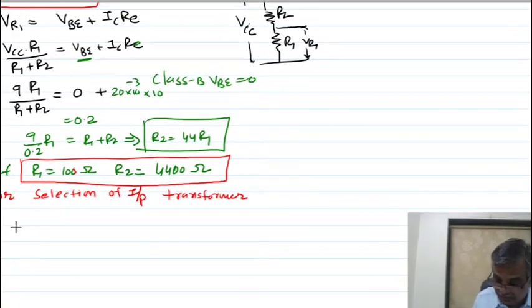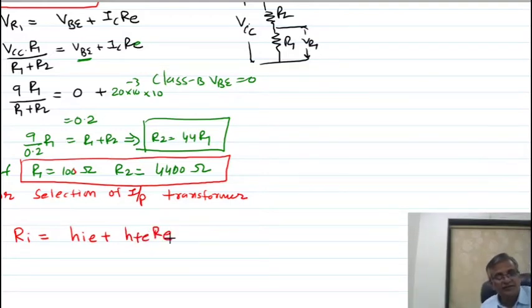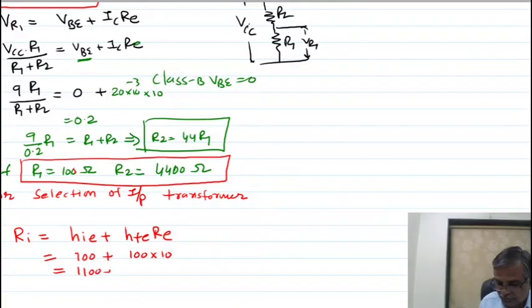The input resistance of the transistor amplifier for unbypassed emitter resistor is given by this equation. So this is 0.1 kilo ohm, this is your 100, this is your 10, so 110 ohm, so it is 1.1 kilo ohm.